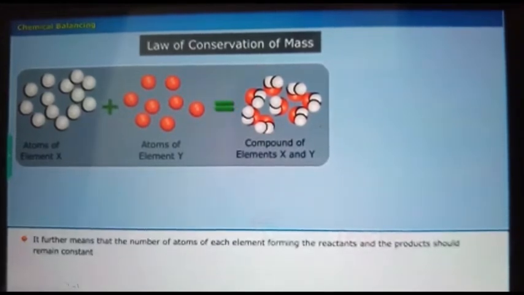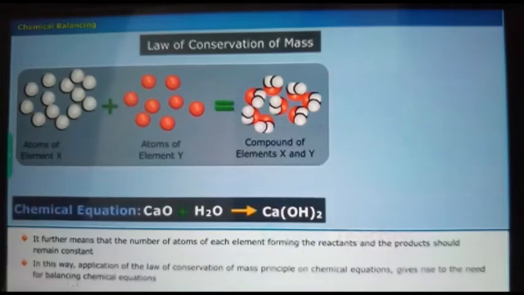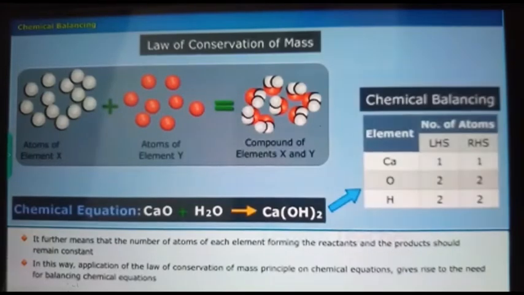It further means that the number of atoms of each element forming the reactants and the products should remain constant. In this way, application of the law of conservation of mass on a chemical equation gives rise to the need of balancing chemical equations.